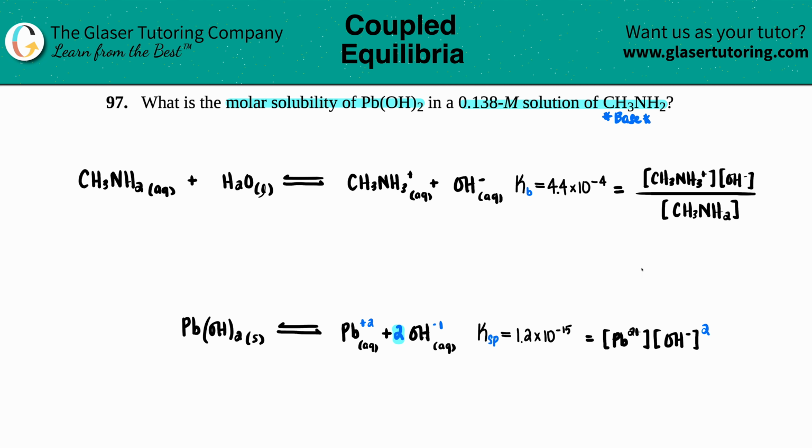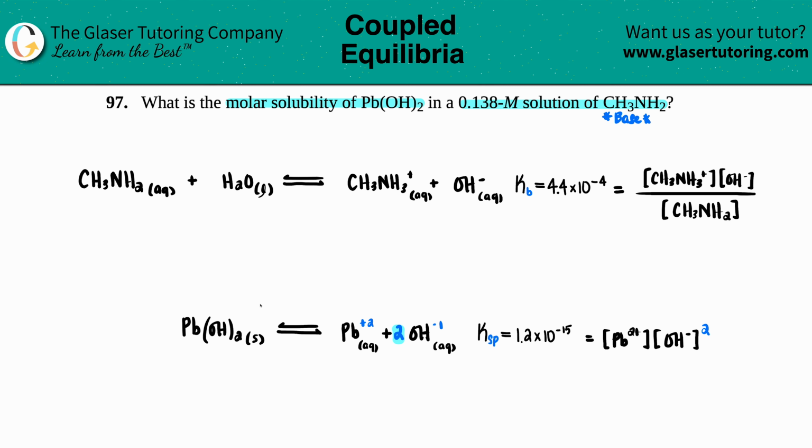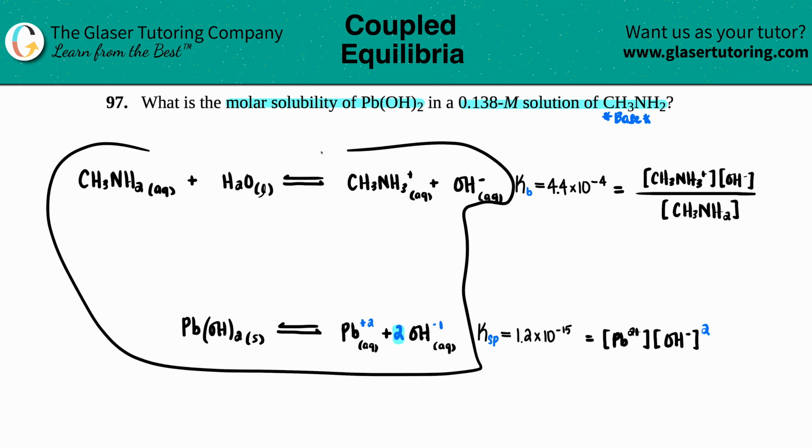Cool. Now, why do we have two equations? Well, we want to find Pb(OH)2. So probably at the end of the day, we have to use this part of the question. And they're giving me information that leads to the CH3NH2. They said that we're at 0.138 molar of CH3NH2. So there has to be some similarity between these two equations.